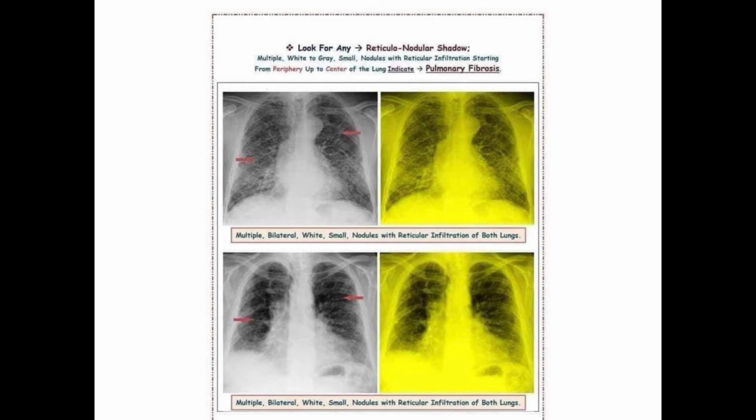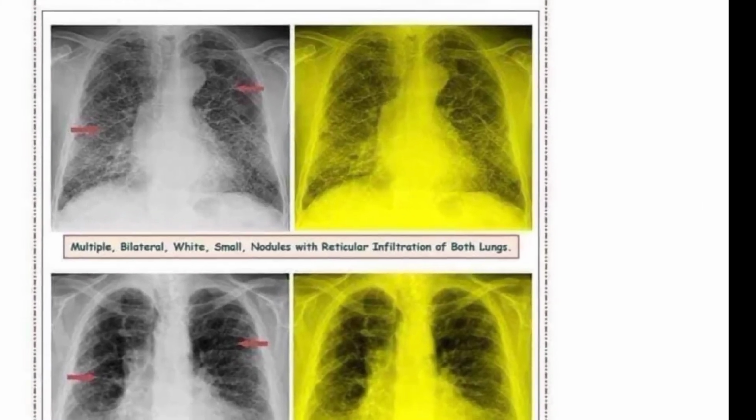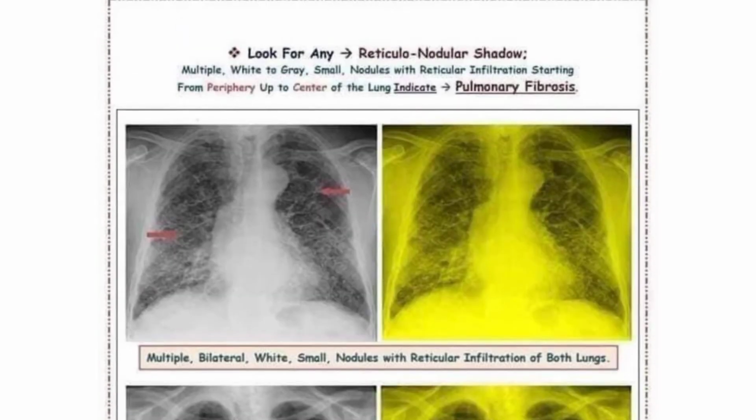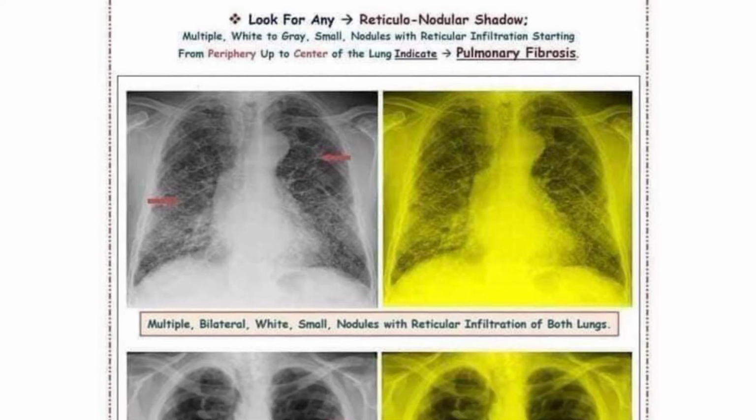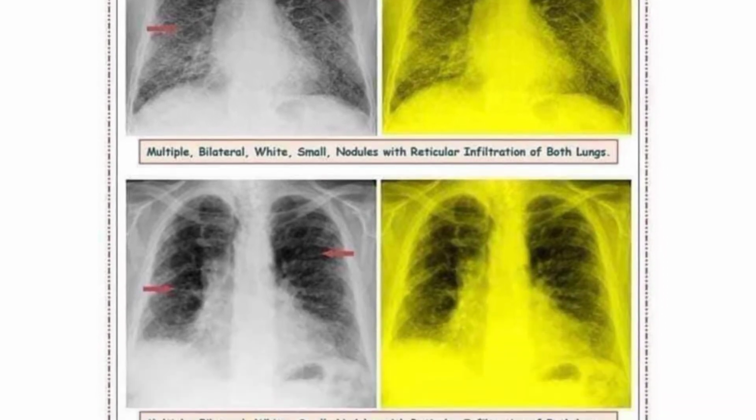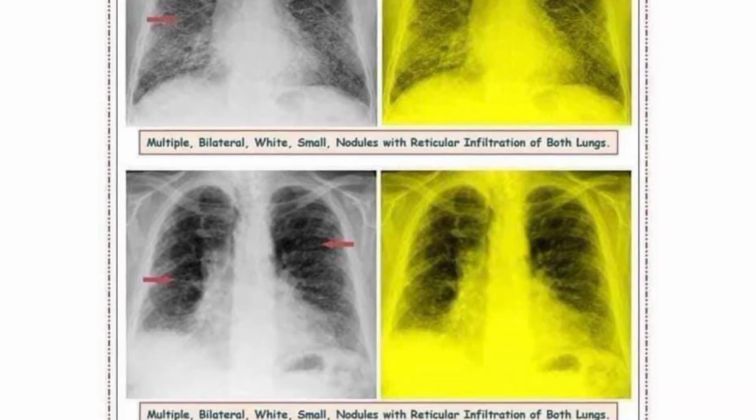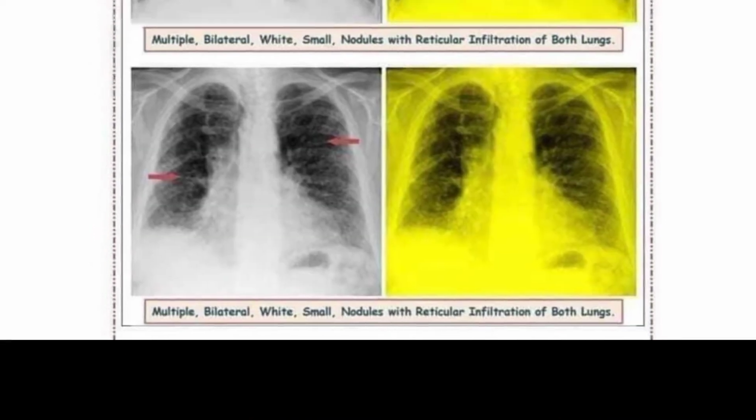Then look for any reticulonodular shadows, which indicate different diseases of the chest. Multiple white to grey small nodular reticular infiltrates starting from the periphery up to the center of the lung indicate pulmonary fibrosis. And these are the multiple bilateral white small nodules with reticular infiltrates of both lungs.